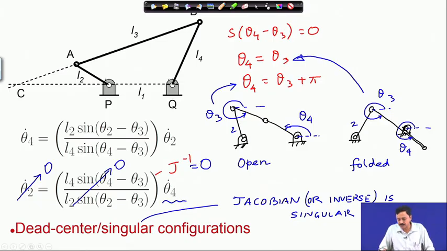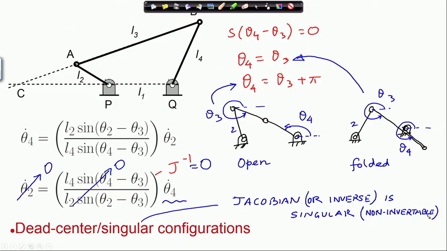Singularity sometimes we define in terms of non-invertibility. So, singular in this sense that it is not invertible. So, these are the dead center or singular configurations where the Jacobian or its inverse is singular, which means they are not invertible.